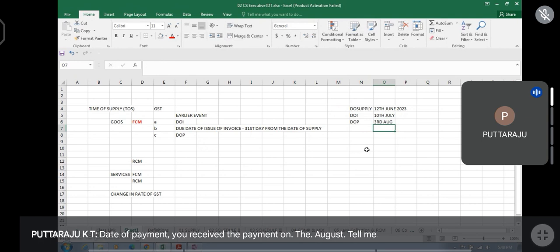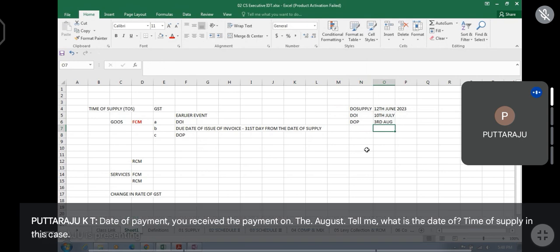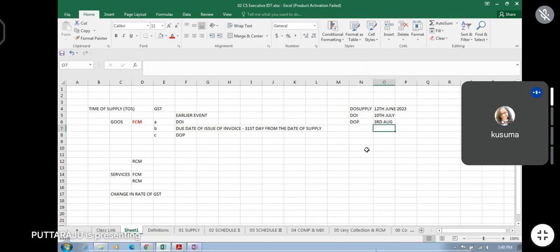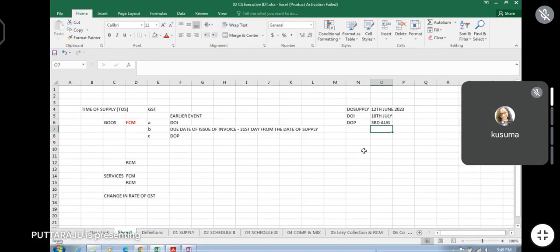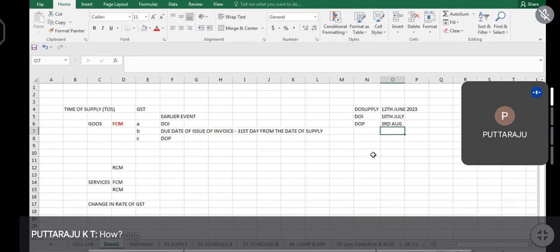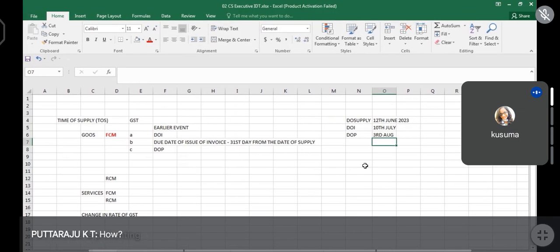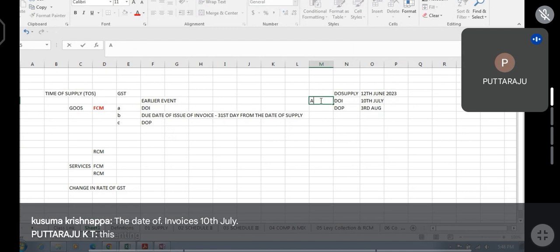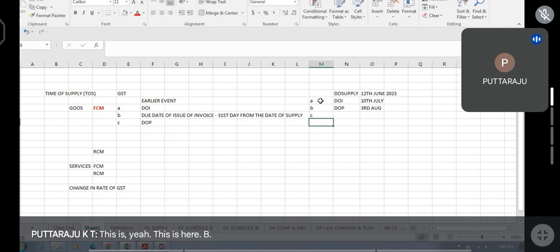Tell me, what is the date of time of supply in this case? 12th June, sir. How? 10th July, sir. How? The date of invoice is 10th July. This is A, B, C.